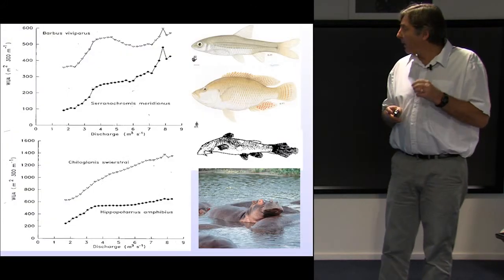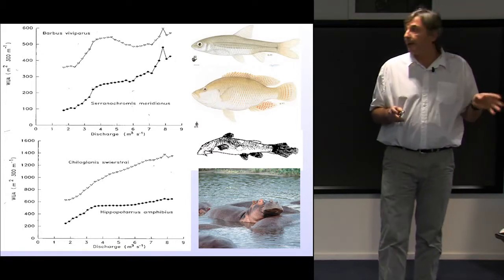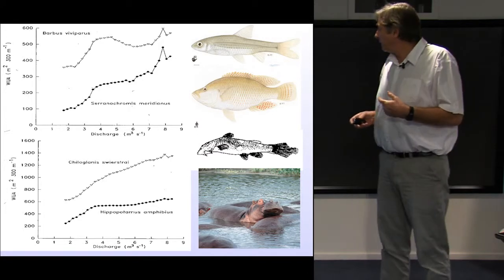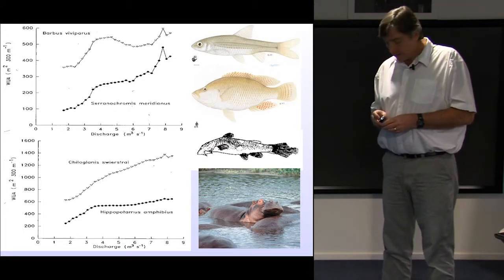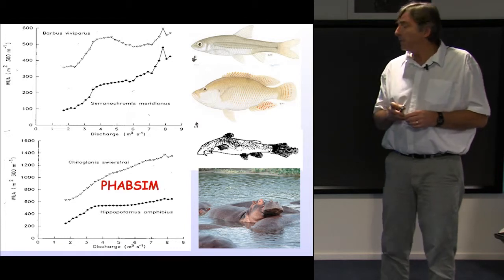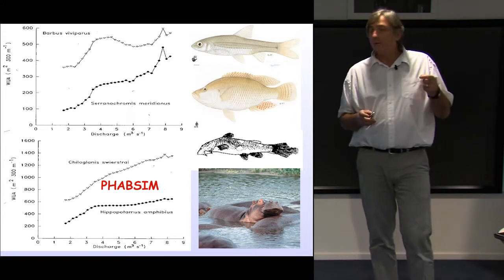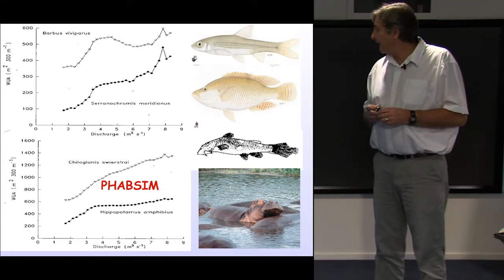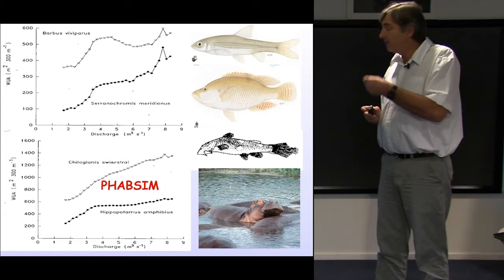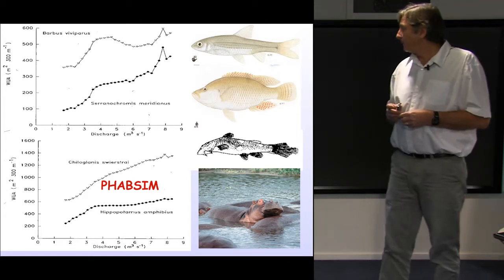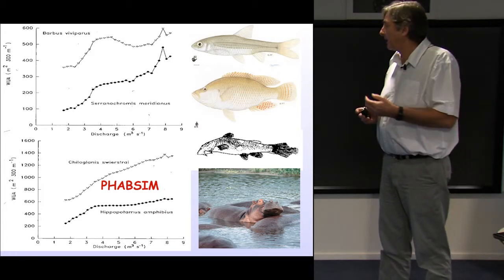Okay, and the way that the specialists get these answers is usually to use indicator species. These are 3 fish species and hippos, which were used in the Sabi River, and a model known as PHABSIM, Physical Habitat Simulation model, was used to characterize the preferred habitat of these indicator species with changing discharges on the x-axis.